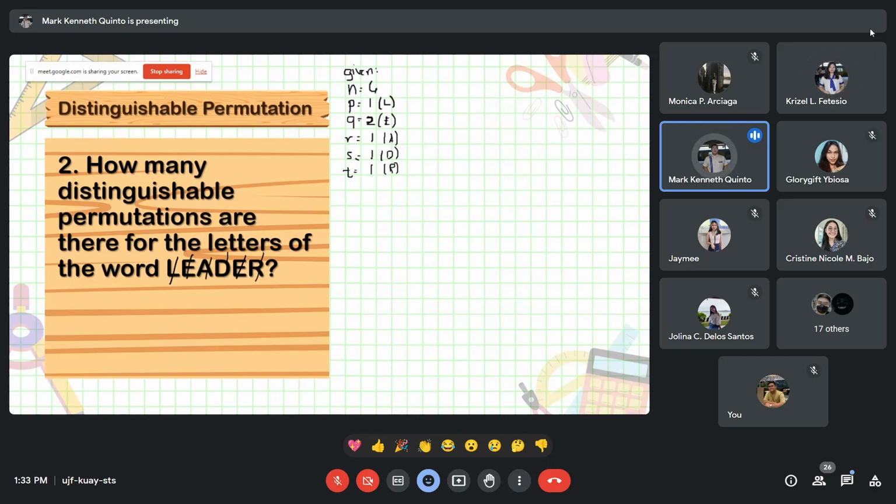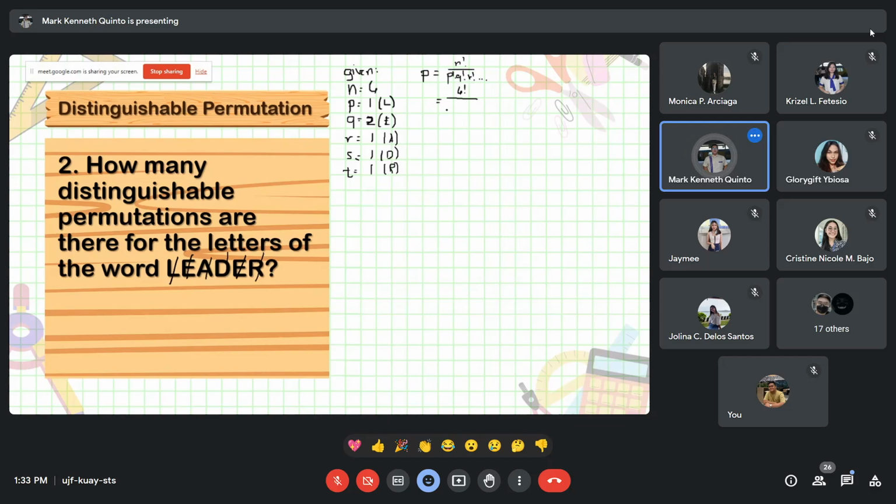Okay, so let's proceed with our substitution. Again, what is the formula for distinguishable permutation? Permutation is equal to n factorial over p factorial times q factorial times r factorial and so on. Let's substitute now the values. We have n, that is 6 factorial, all over p, q, and r.